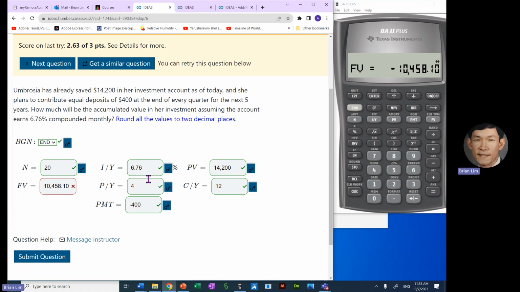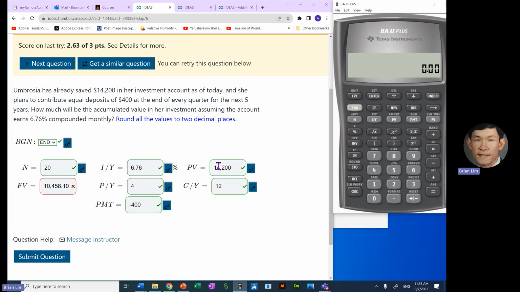Everything looks right. Compounded quarterly. Maybe let's go and see our numbers that were inputted. So those are correct. The N value is for the next 5 years. So 5 times, oh, N is correct. IY is correct. Present value is correct. Payment is correct.